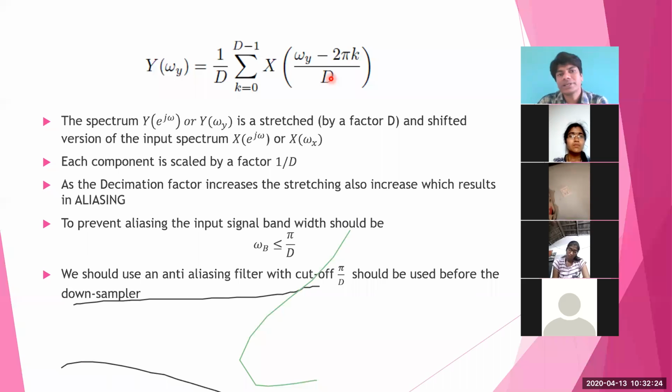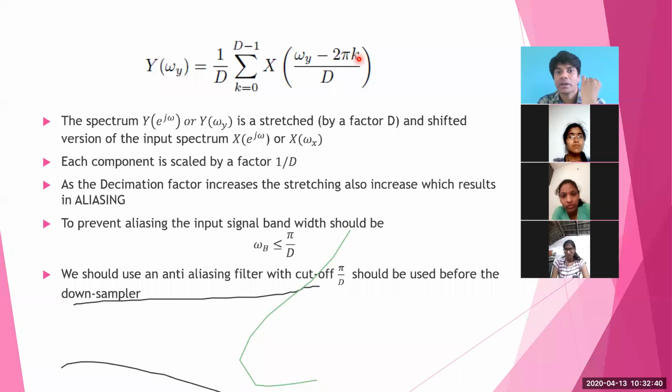And the second point is that it is in fact a shifted version. This omega y minus 2 pi k tells us that it's a shifted version of the original spectrum. So a couple of points: number one, it is a stretched version, and second, it is a shifted version of the input spectrum capital X of omega x, and at the same time it is being amplitude scaled as well.